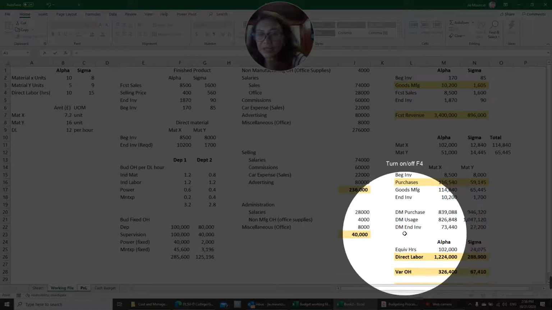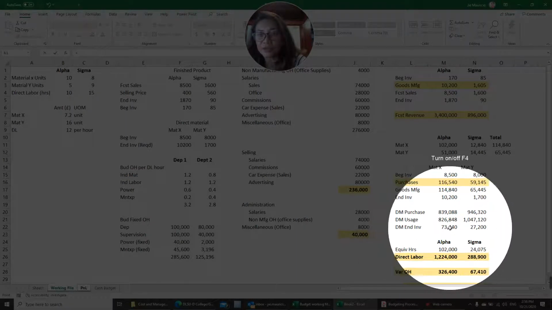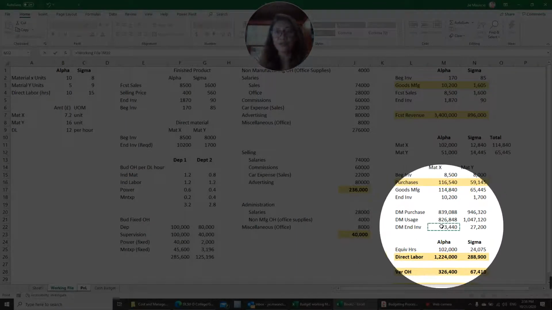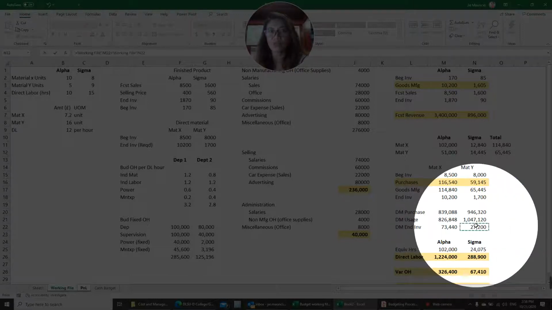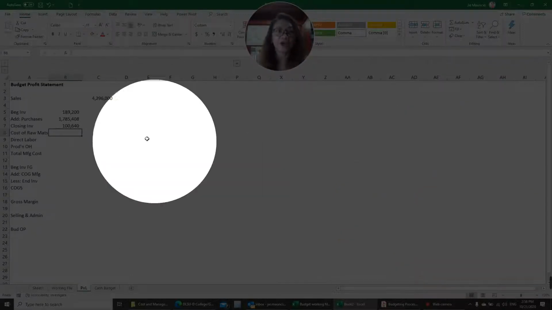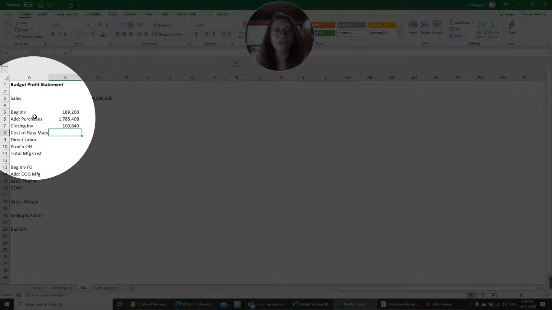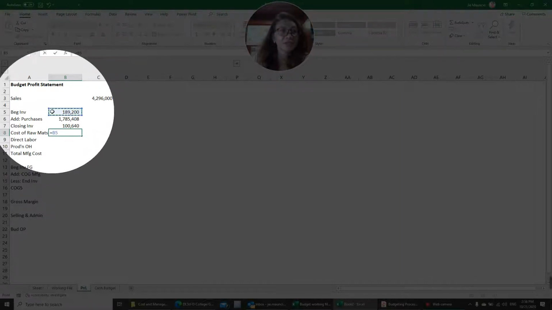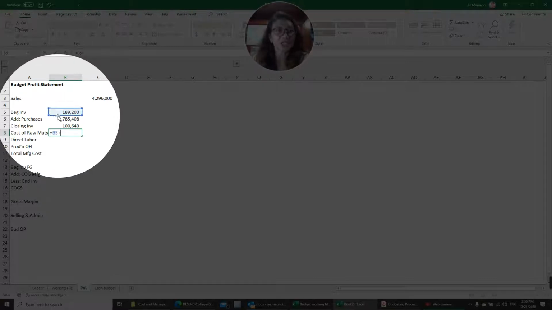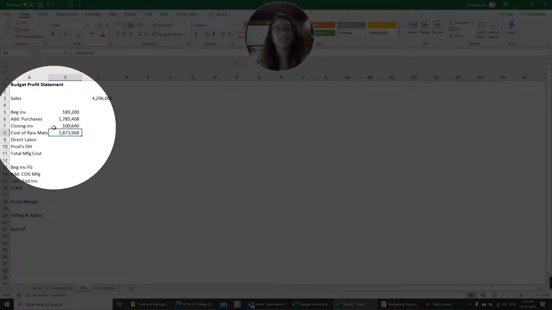The direct material ending inventory is the sum of 73,440 and 27,200. So to get the cost of raw materials, it is beginning inventory plus purchases less ending inventory. That is the cost of raw materials.